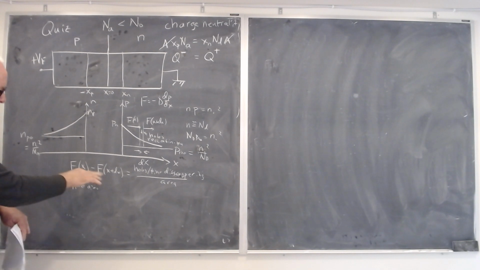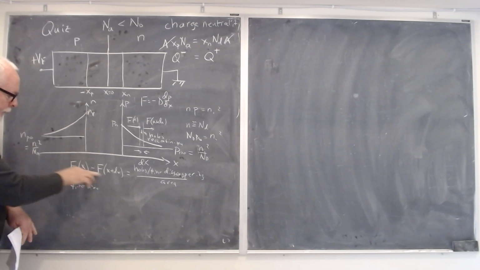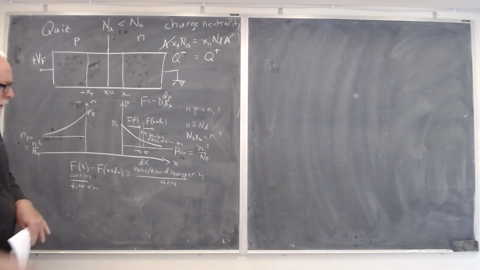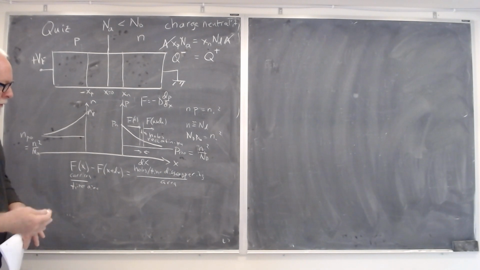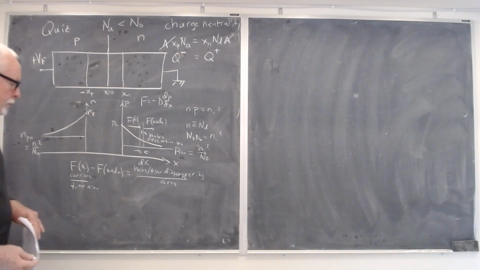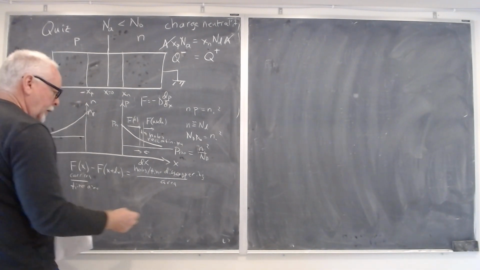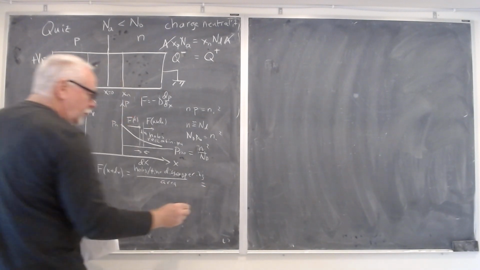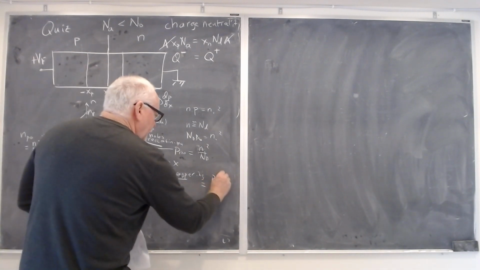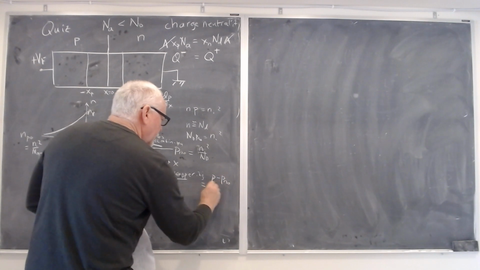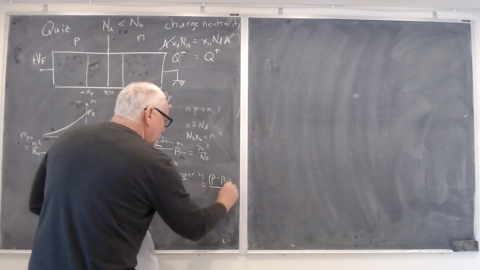So the difference in F of x and F of x plus dx is the holes per unit time disappearing per unit area. And that's equal to p minus pn0 over tau times dx.